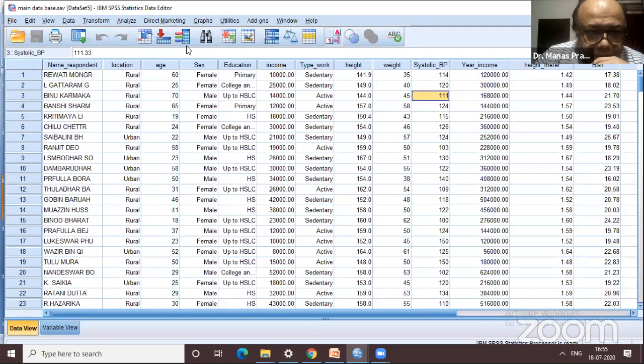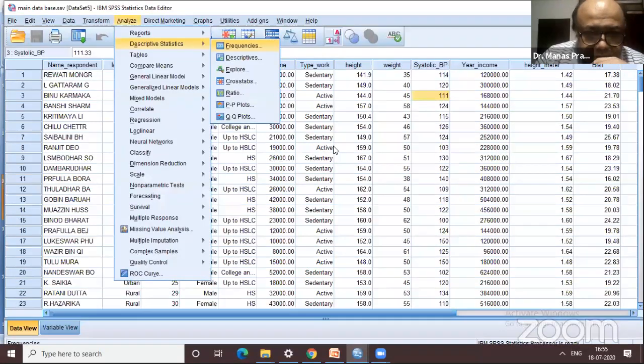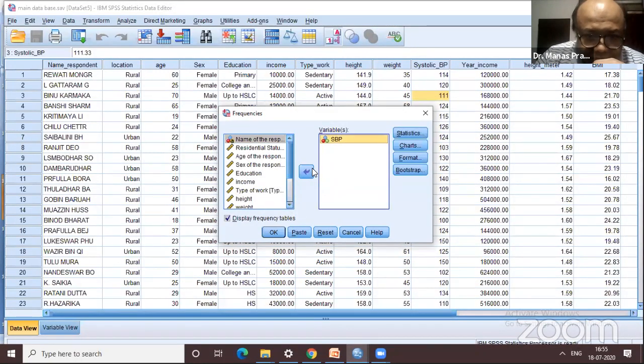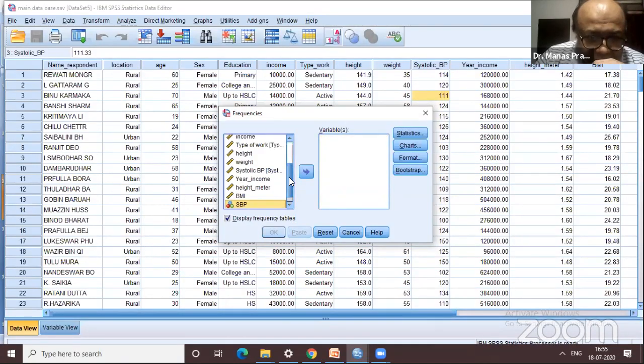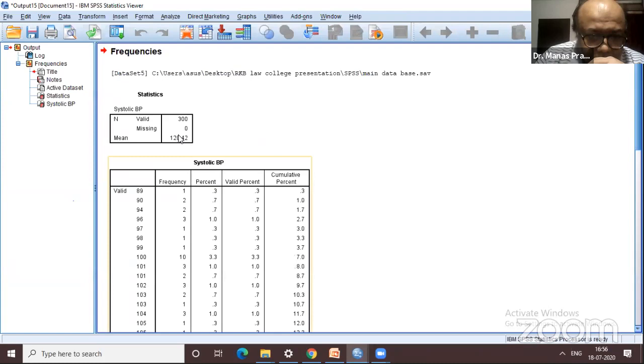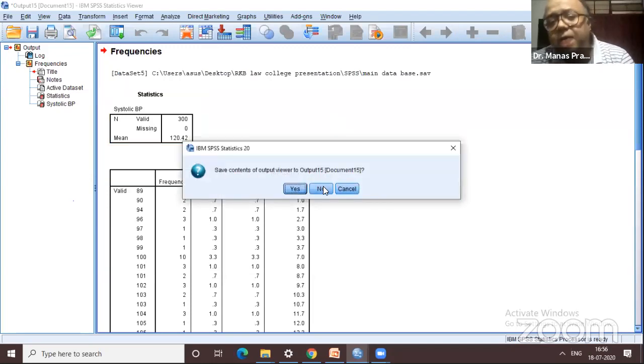Analyze statistics. Actually, this is the binary variable we created yesterday. So the original variable is this one, systolic blood pressure. Okay. So mean systolic blood pressure is 124.42.